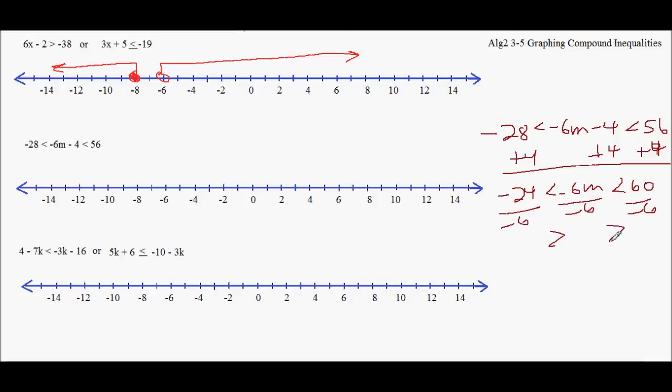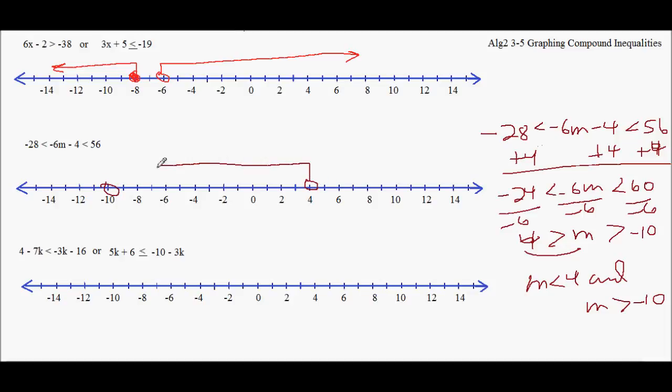I have to flip the inequality. 6 goes into 24 4 times. That cancels. I get m, and this becomes -10. So I have this statement, which means m is less than 4, and m is greater than -10. So m is greater than -10 and less than 4. So it's going to be a bridge like that. See, an AND statement is kind of a bridge.